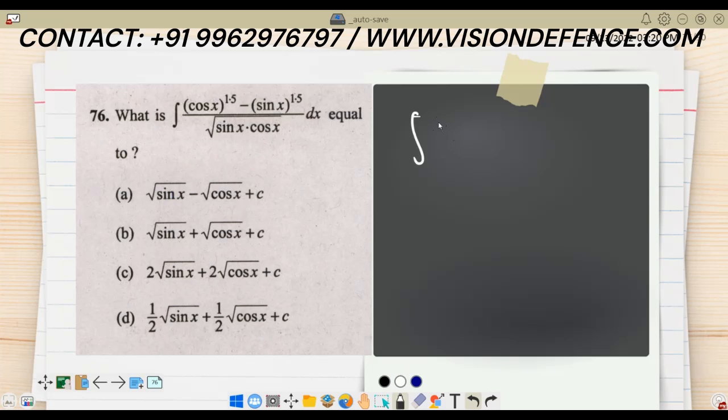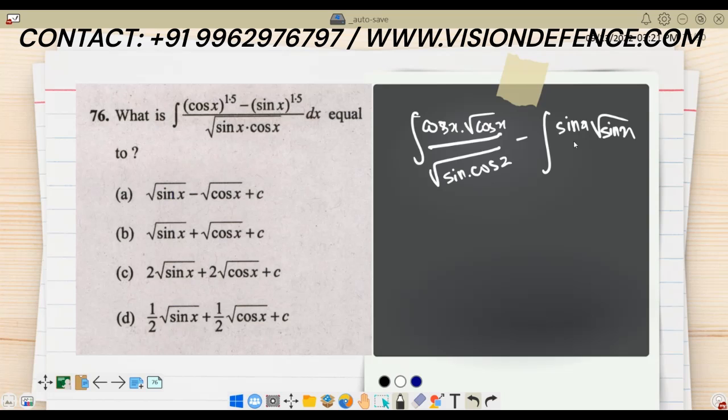So cos power 1.5, that is cos power 3 by 2, that is cos x into root of cos x, divided by root of sin x into cos x, minus the integral of sin x into root of sin x divided by root of sin x into cos x.